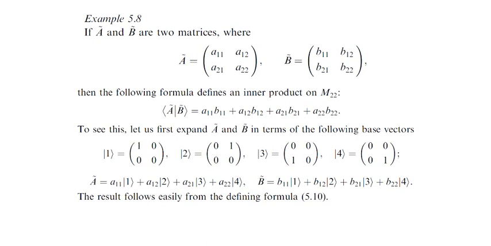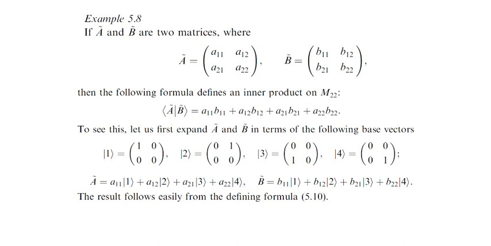Now if you do A12 vector 2, you will get a matrix with A12 in this position. A21 vector 3 would give you a square matrix with A21 in this position, and A22 vector 4 would give you a square matrix with A22 in this position. Now if you add all these, you will get the matrix A, isn't it? So you can expand or write any square matrix in this linear vector space in terms of these base vectors.